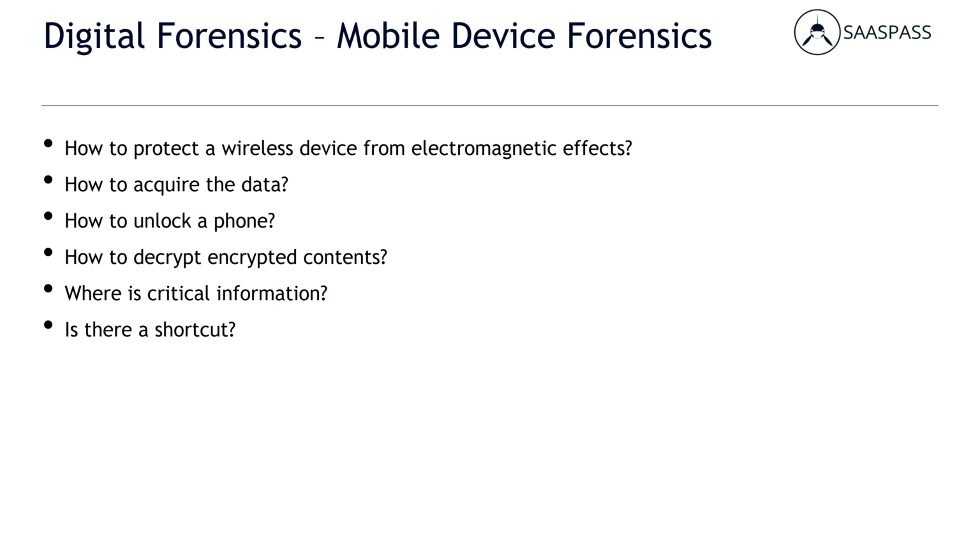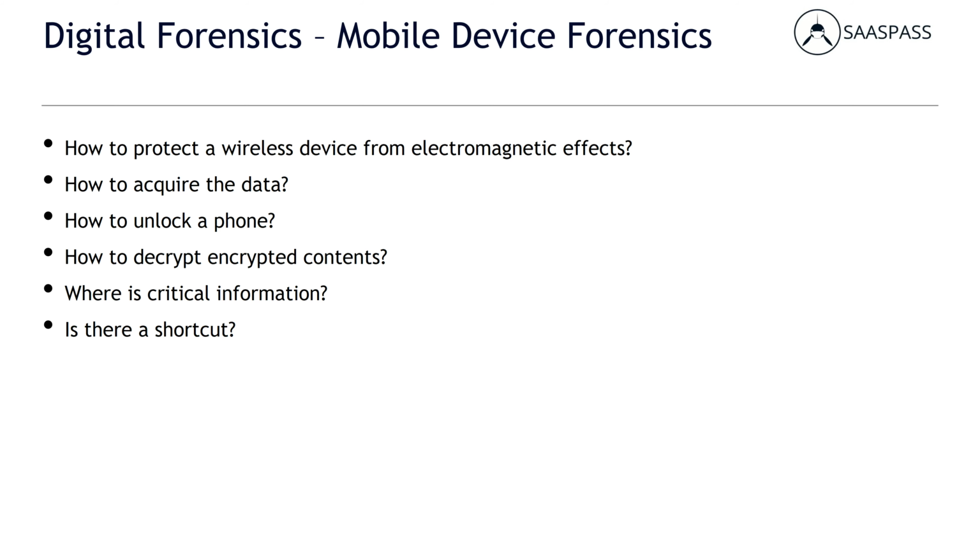And we will also mention the places that you can find critical information. And as all these steps are extremely difficult, we will also look for a shortcut that could be used for mobile device forensics.